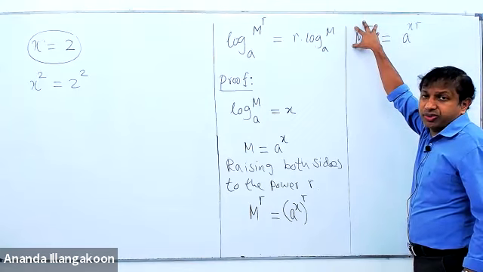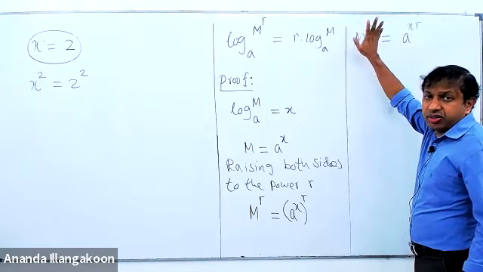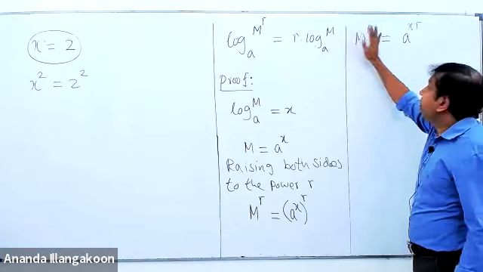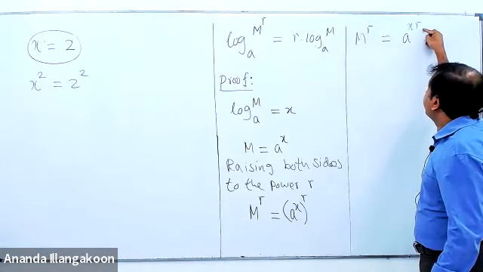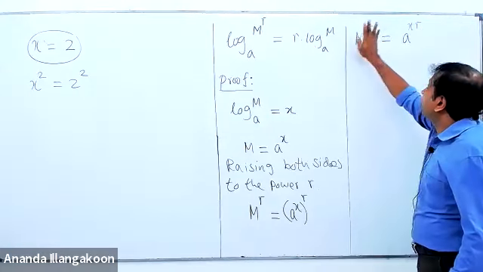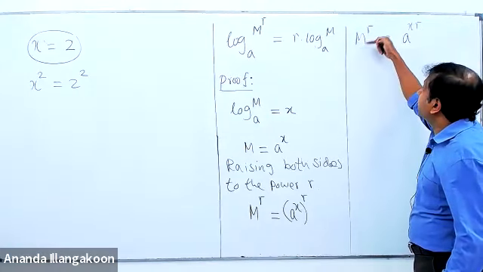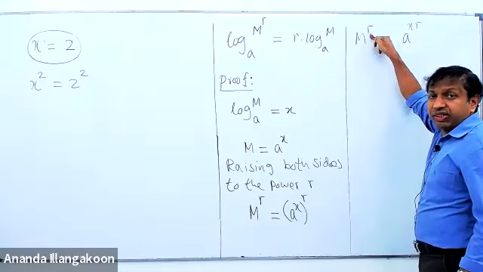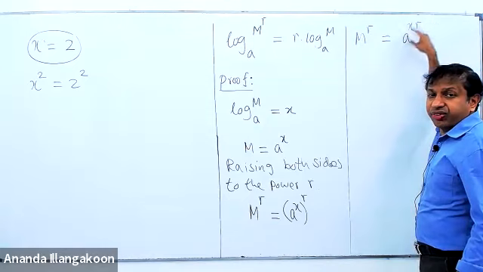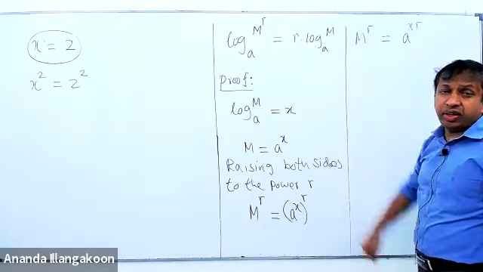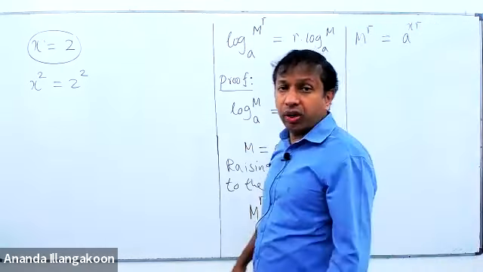This single number is now equal to a power of a. So this index form of m to the power r, we can convert to logarithmic form.